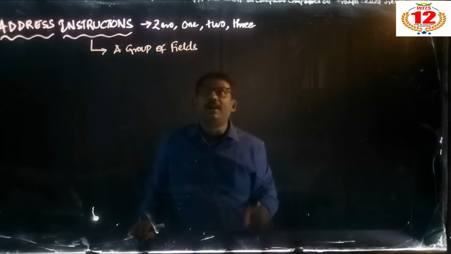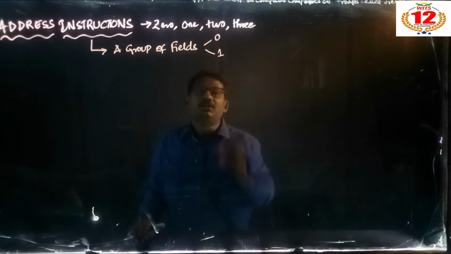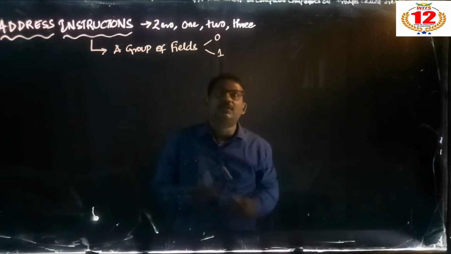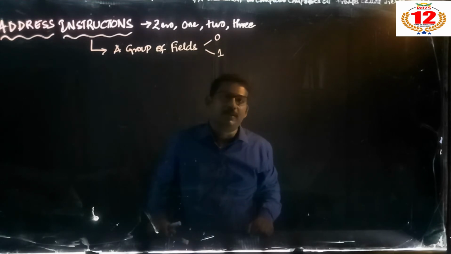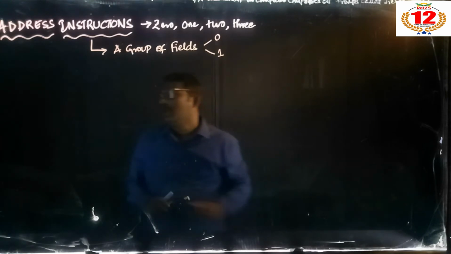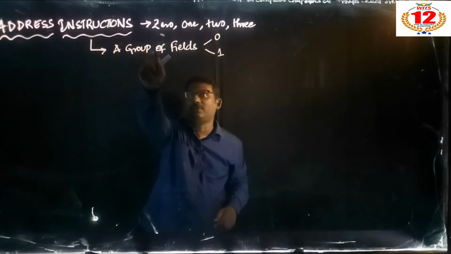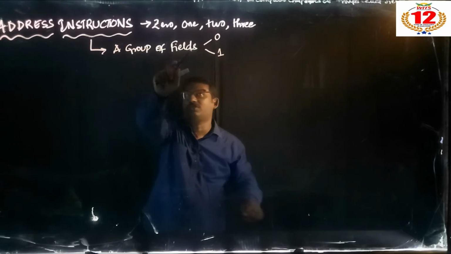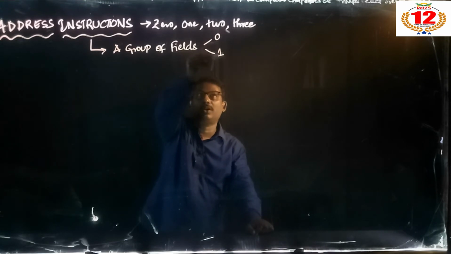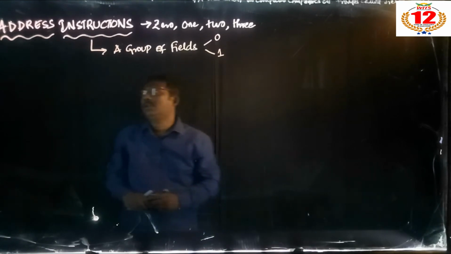As a computer understands only 0 and 1, this group of fields contains only binary numbers, that is 0 and 1. Among the address instructions, the first one is the 0 address instruction, then 1 address, 2 address, and 3 address instructions.